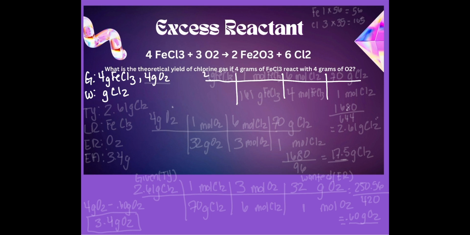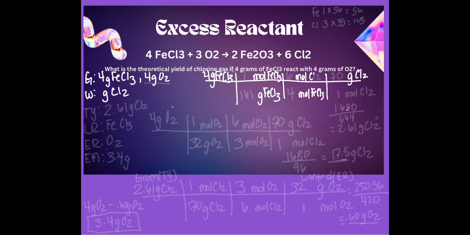Now, I'm going to identify my first given, which is 4 grams of FeCO3, and then my want is grams of CO2. At this point, I should be pretty confident with setting up my grams to grams railroad track.